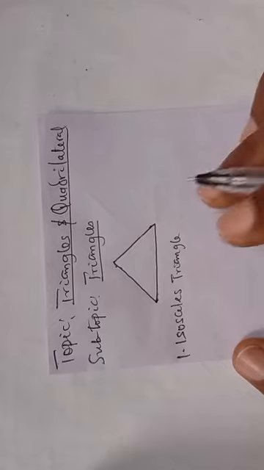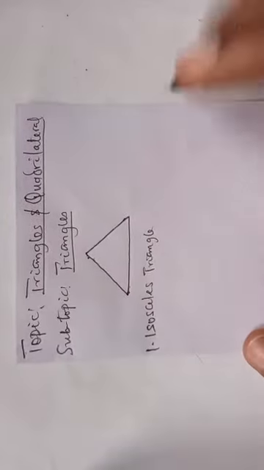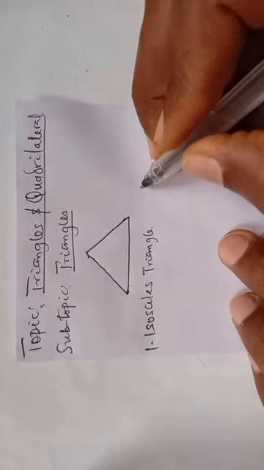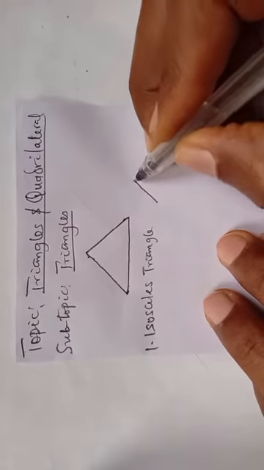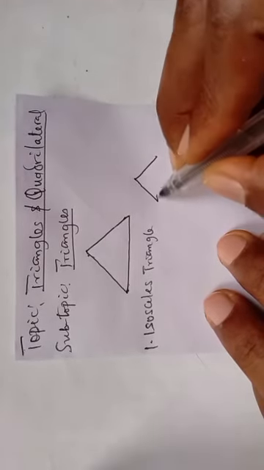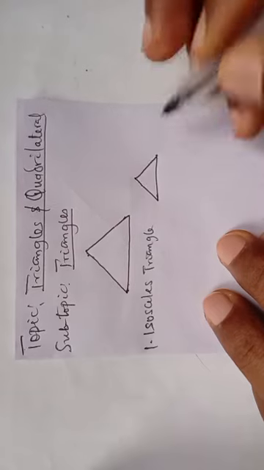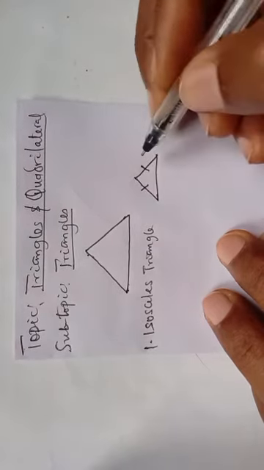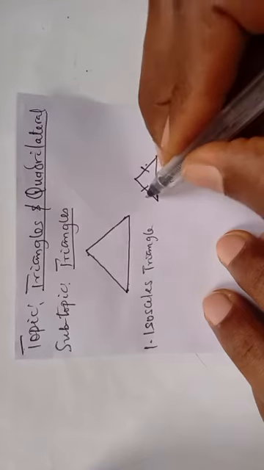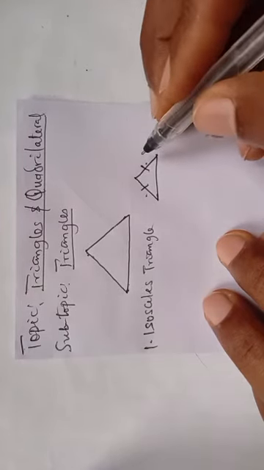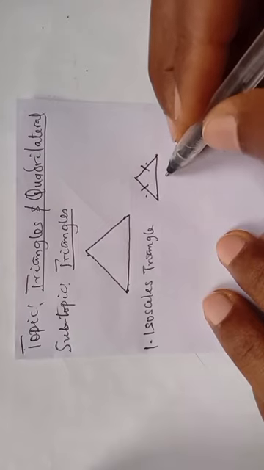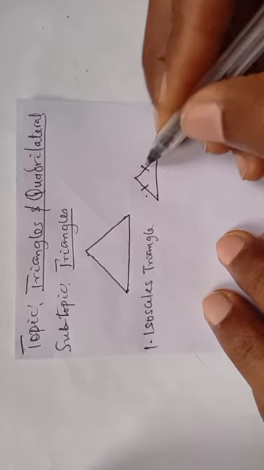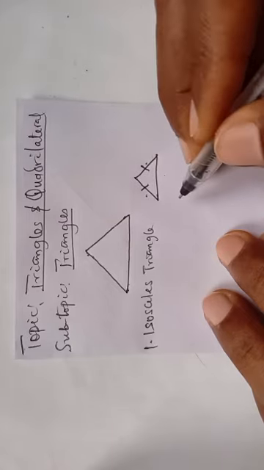Let me look at something like this, so I have an example here. Once I put a stroke here, that means this side and this side are the two equal sides in this triangle. So anytime you see things like this, it means this side and this side are equal.